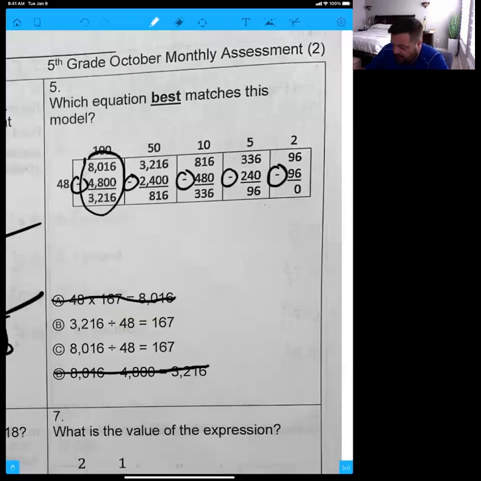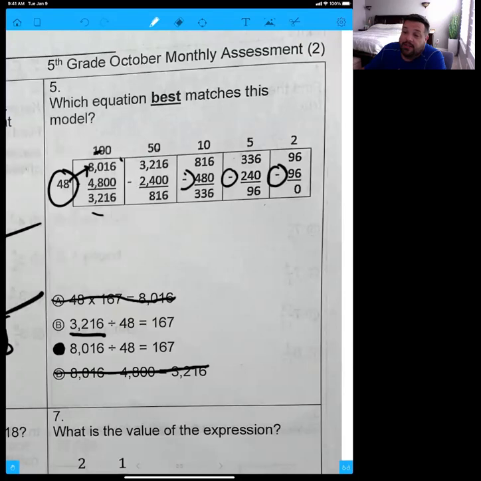Because here, B is just 48 divided by this number right here by itself. Well, we've already taken this whole number out. So how could that match it? We've already gone down the line in the problem, right? So you have to see and understand that the actual problem here is this 48 into this 8,016, right? So your answer would be C.